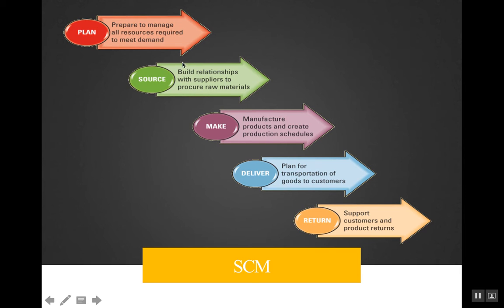Manufacturing: the work that gets done in the planning phase actually comes into play in the actual manufacturing. What do you make? Production schedules. This is also implemented within ERP systems. So there's a plan to build process, which is really around manufacturing, which is implemented inside of ERP.